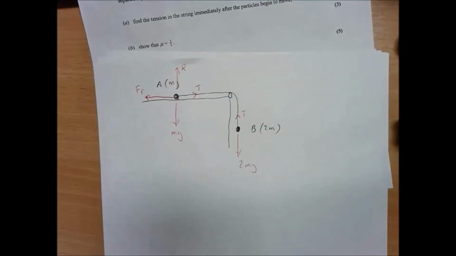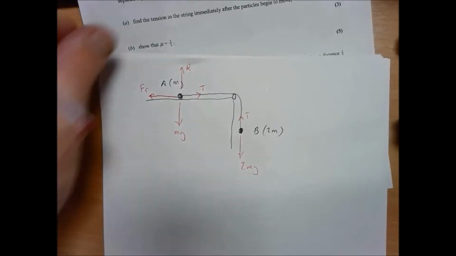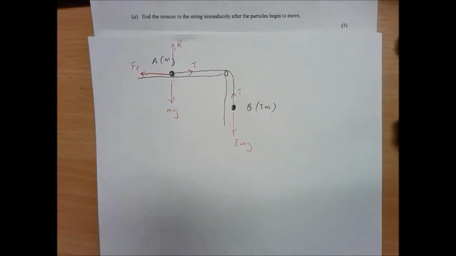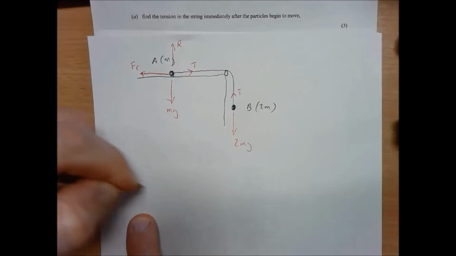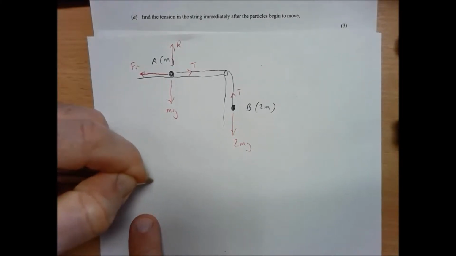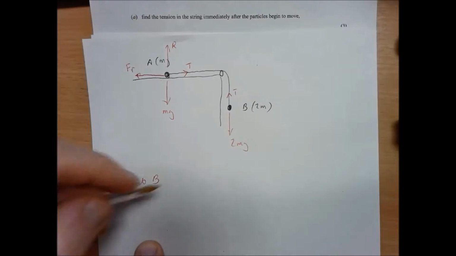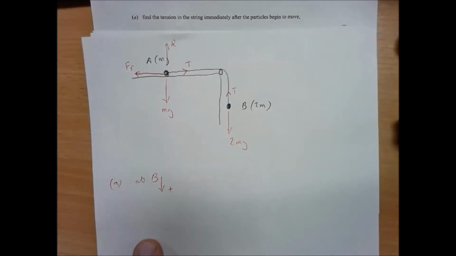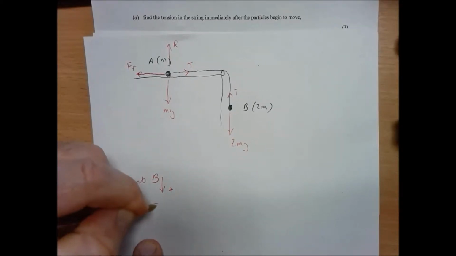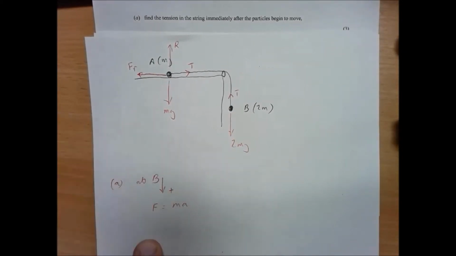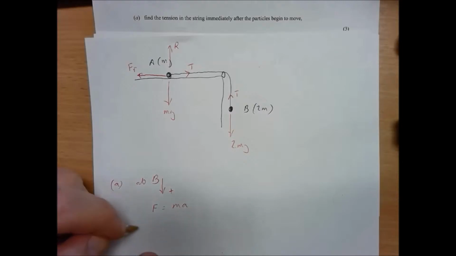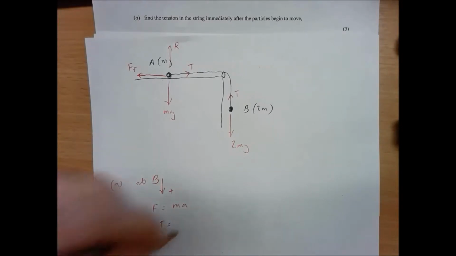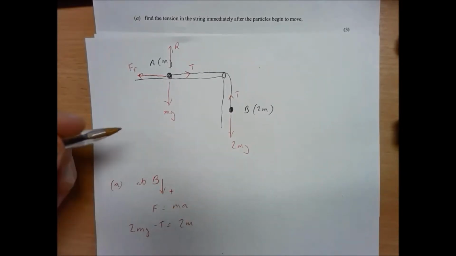Need to find the tension of the string immediately after the particles begin to move. So I'm going to consider B, and I'm going to say downwards is positive. So what have I got? I've got F equals ma. I've got 2mg minus tension equals the mass, which is 2m, times the acceleration.